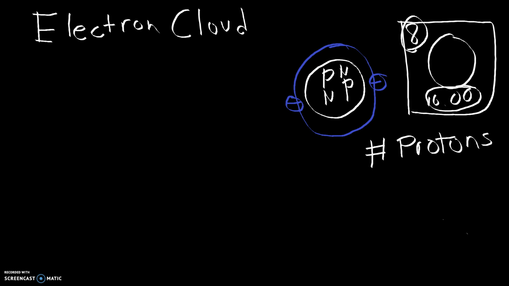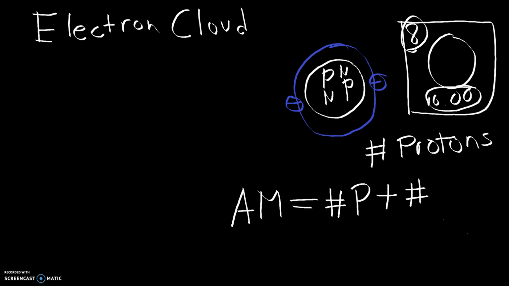The atomic mass, AM for short, is equal to the number of protons plus the number of neutrons.